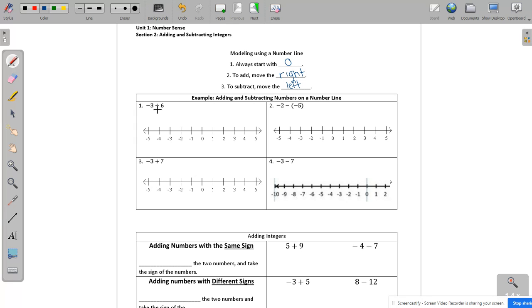We have -3 plus 6. We are going to start on the number line at 0. Then we are going to move to the left because it's -3. So we're going to go to the left 3. So then we're at -3.